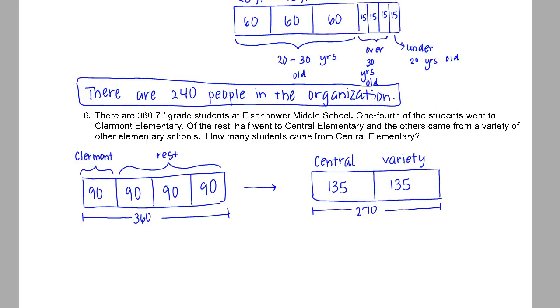The question is now how many students came from Central Elementary, and I can see from my second model that that's 135. So 135 students came from Central Elementary.